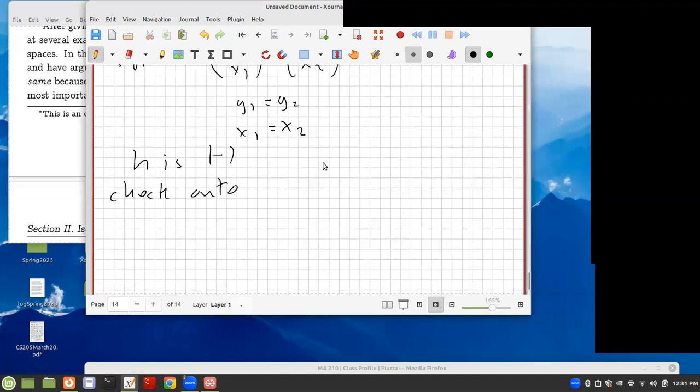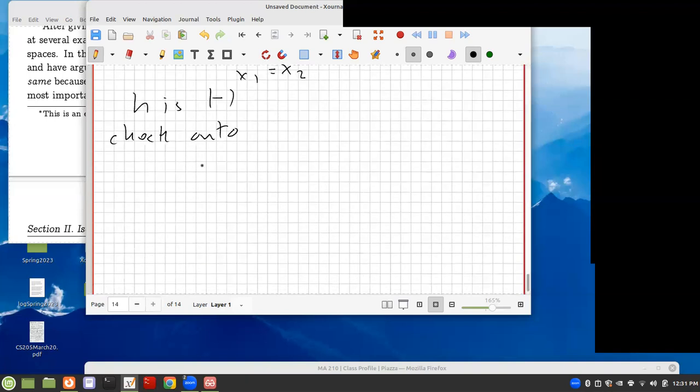Then to check that it's onto, let's do it this way.